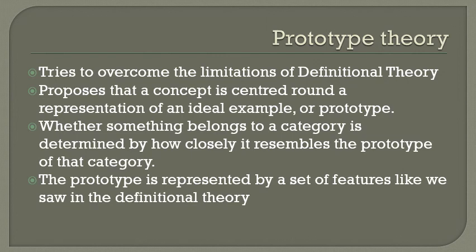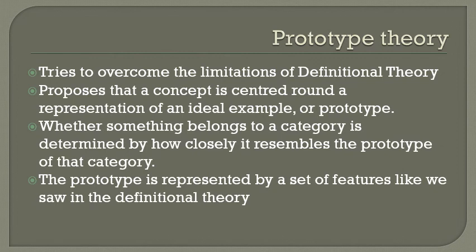So for every new flower that we want to include in our category, we have to compare it with that ideal flower. If it matches most of the characteristics of that ideal prototype, we can include it in the category of flower. Okay.